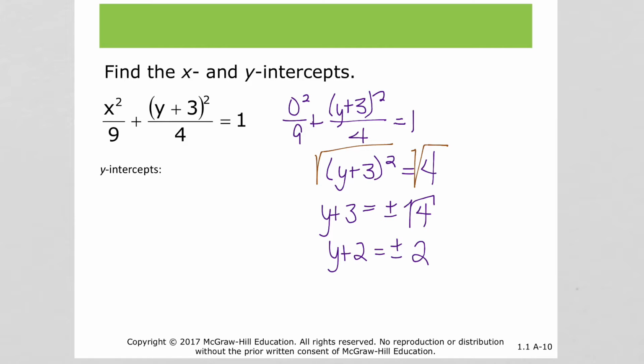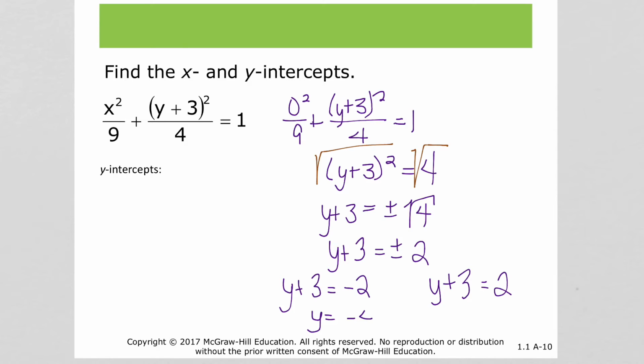So we've got two situations. We've got where y plus 3 equals negative 2 and where y plus 3 equals positive 2. Sorry about that, 3. So in both cases, subtract 3.